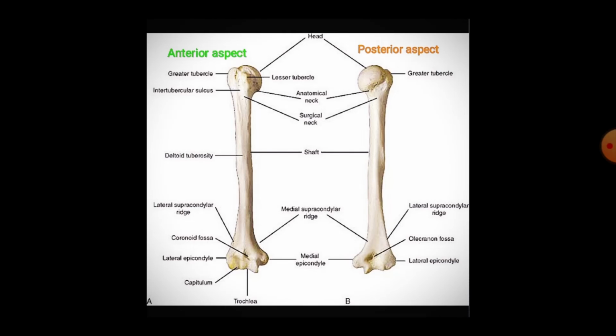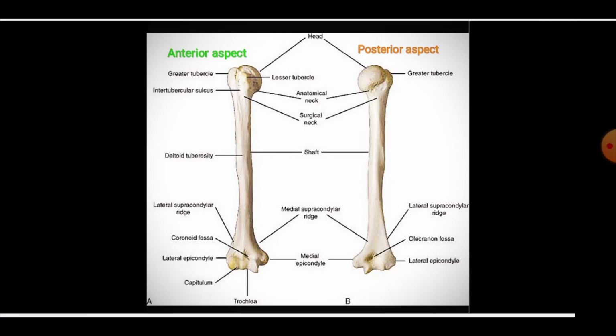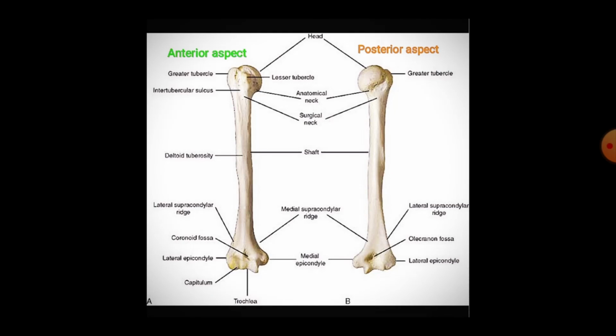Now this is the posterior aspect of the humerus. This is the posterior surface of the greater tubercle. The greater tubercle has three impressions: upper, medial and lateral. This is the surgical neck and this is the anatomical neck.